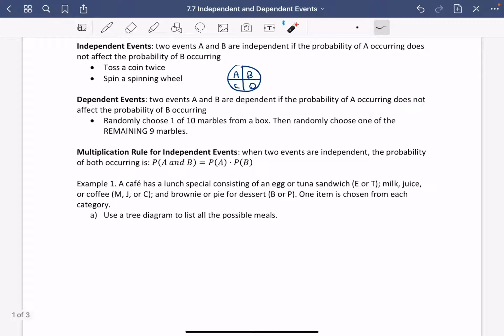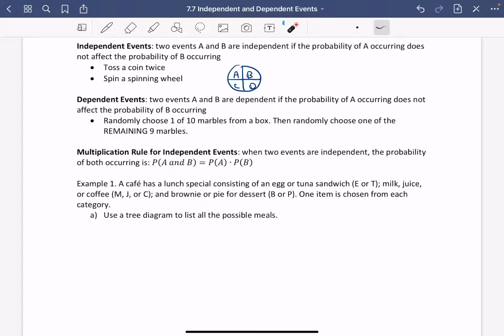Whereas for dependent events, the first event will affect the probability of the second event. So for example, if you have a bag of marbles, let's say there are 10 of them in the box.